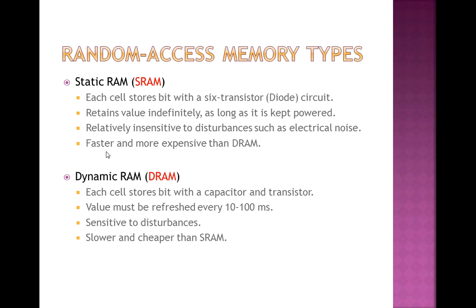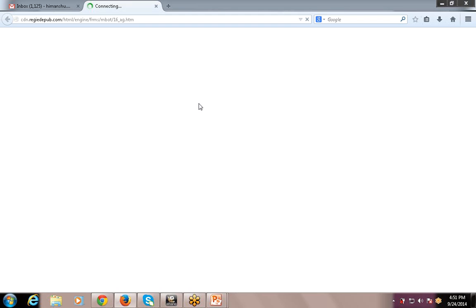That is, its data cannot vanish, its data is constant until the power is off. Relatively insensitive to disturbances such as electrical noise. It is not affected by the external environment. Next, faster and more expensive than the dynamic RAM. It is faster, but it is more expensive than the dynamic RAM.